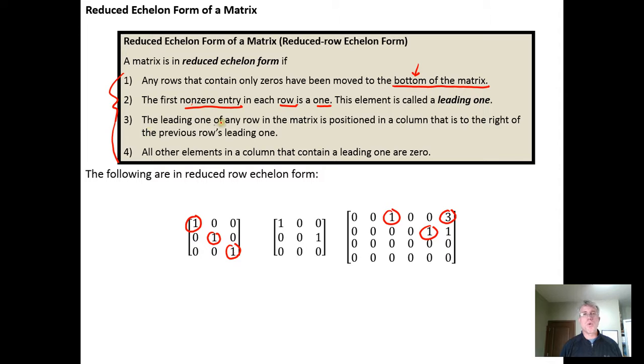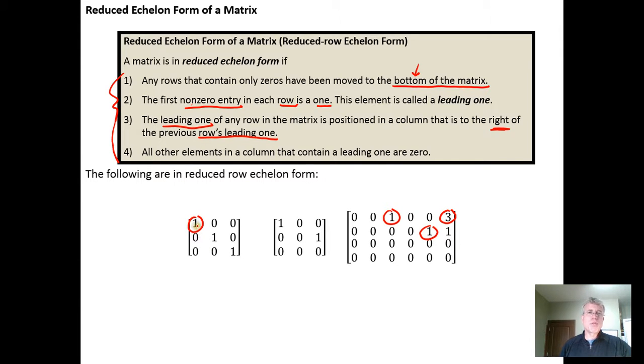The leading one of any row in the matrix is positioned in a column that is to the right of the previous row's leading one. So if I walk through and think about that criteria, that says, hey, the first leading one has to be to the right of any previous row's leading one. So you have to ask yourself, is that true? So here, the first leading one is right here in column 1.